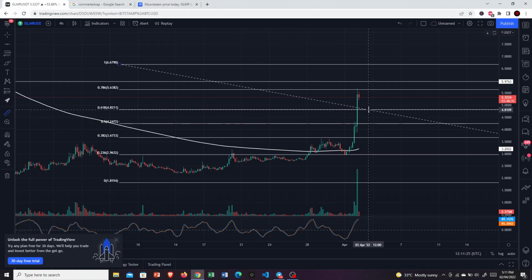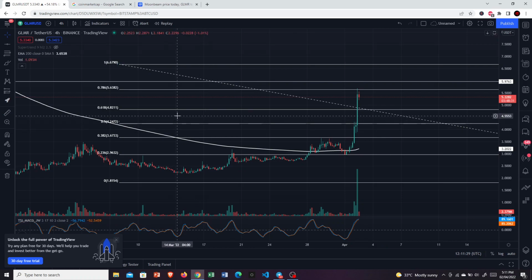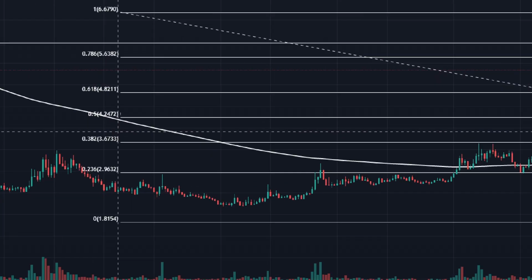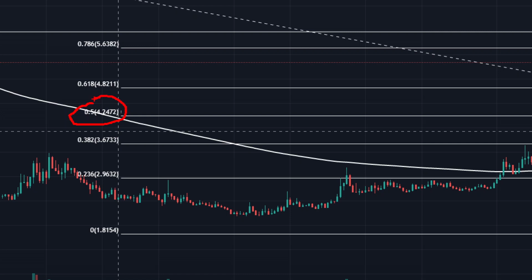And I will suggest that you guys average out your entries. So the second entry could be at this 0.5 Fibonacci level, which is at $4.24, and this is at 4.82. Make sure to buy MoonBeam at these supports only.